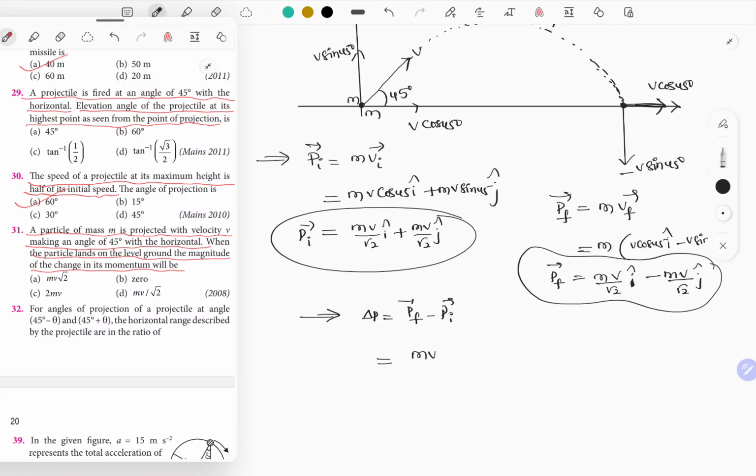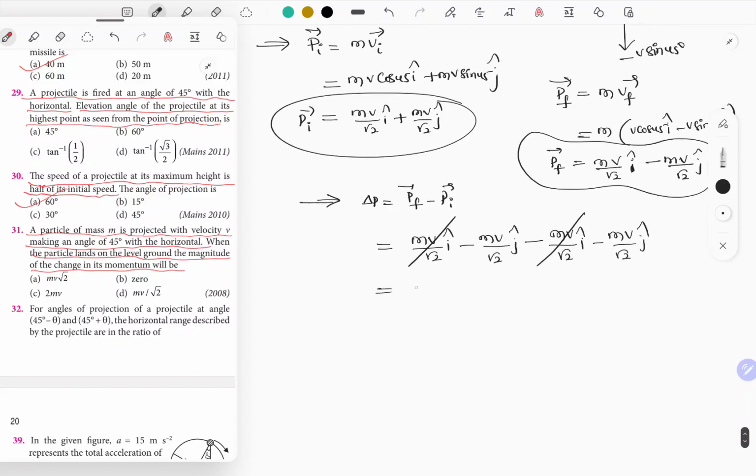Final momentum is mv by root 2 i cap minus mv by root 2 j cap, minus the initial, mv by root 2 i cap plus mv by root 2 j cap. So mv by root 2 i cap terms get cancelled out, and I am left with minus 2 mv by root 2 j cap. This is the change in momentum in vector notation.